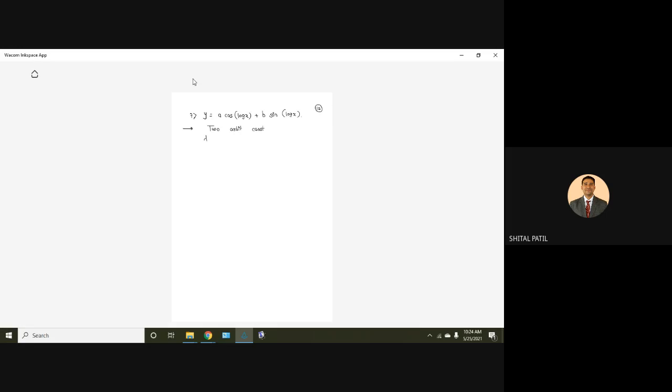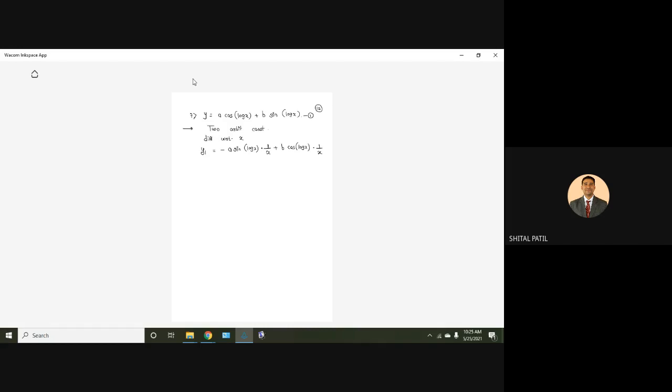Differentiating with respect to x, derivative y is y1 equal to A as it is, derivative of cos is minus sin of log x, derivative of log x is 1 upon x, plus B, derivative of sin is cos of log x, and derivative of log x is 1 upon x.